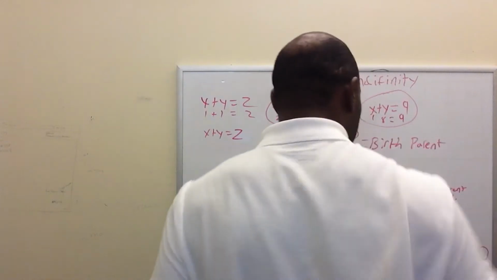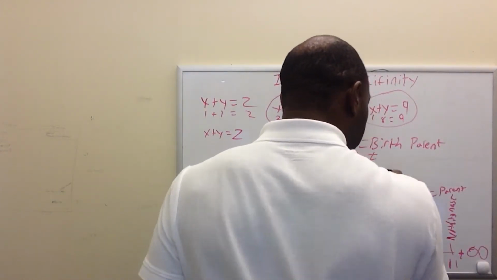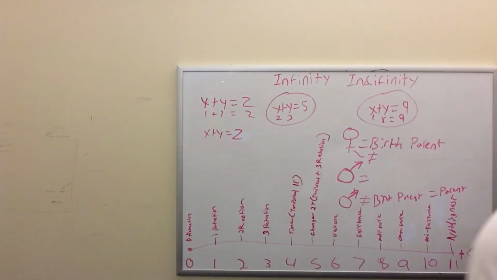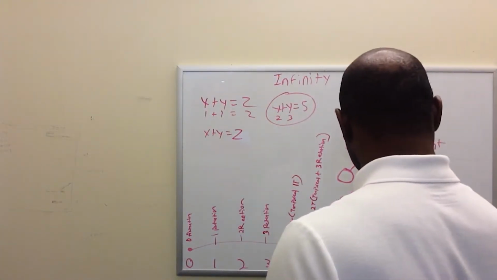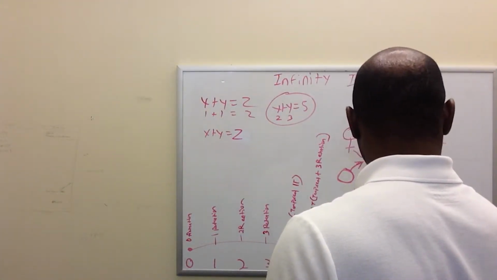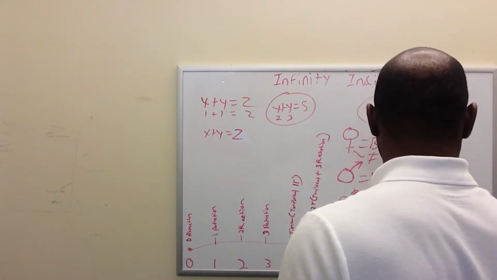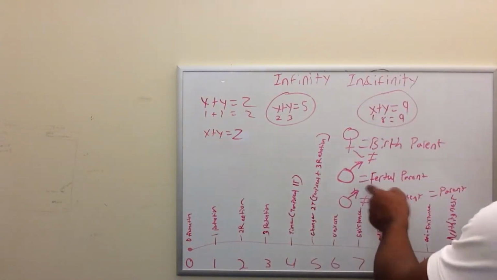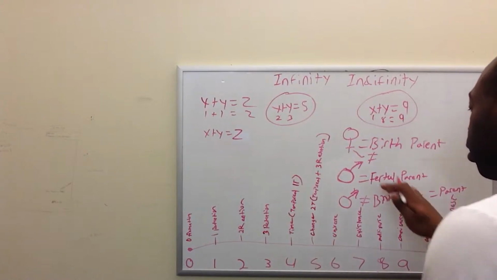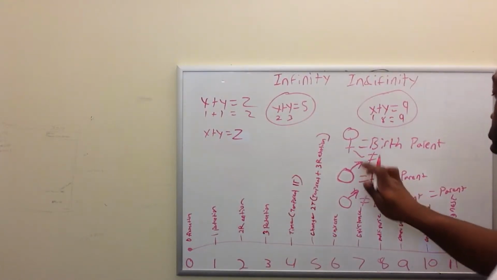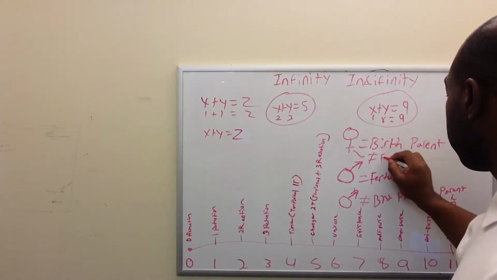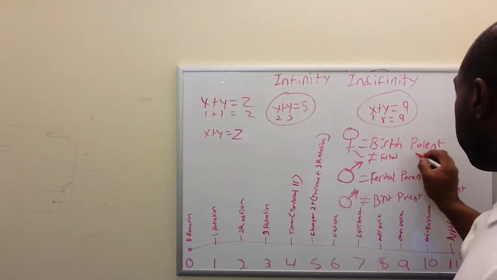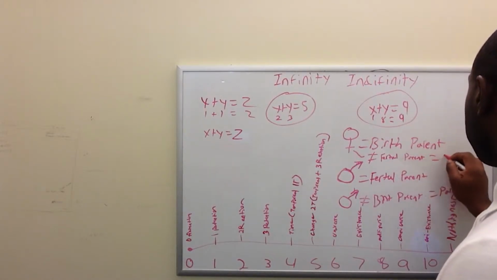I could throw fraternal on there, but I won't do that. I'll say fertile parent. I'll just use the word fertile. I know that's spelled wrong. I can't spell. So this symbol is equal to fertile parent. So this symbol is not equal to fertile parent, but it is equal to parent.